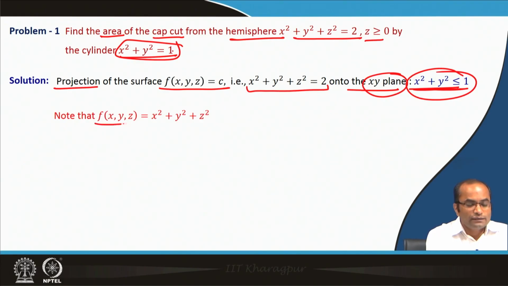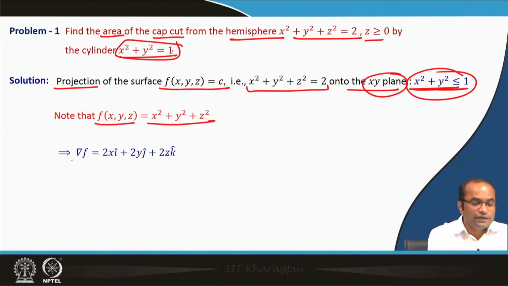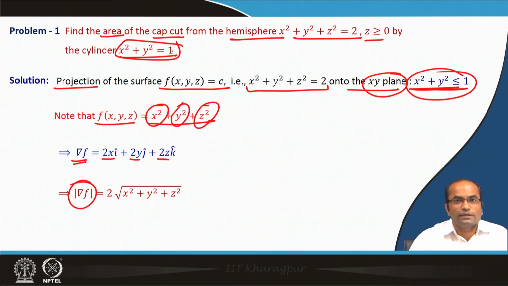Now note that our surface is f(x, y, z) equal to x square plus y square plus z square, so we can naturally get the gradient of f. The gradient of f will be 2x, 2y and 2z, and we can get its absolute value: the square root of 4x square plus 4y square plus 4z square, and this 4 can be taken outside as 2.